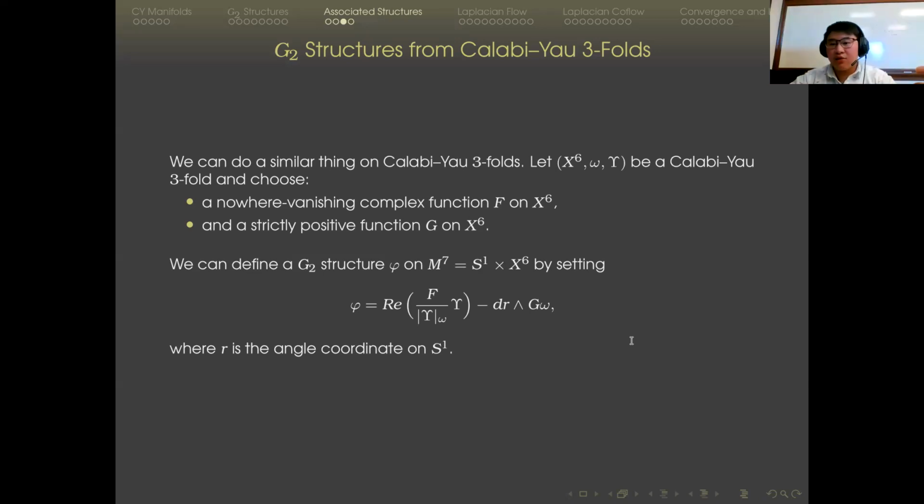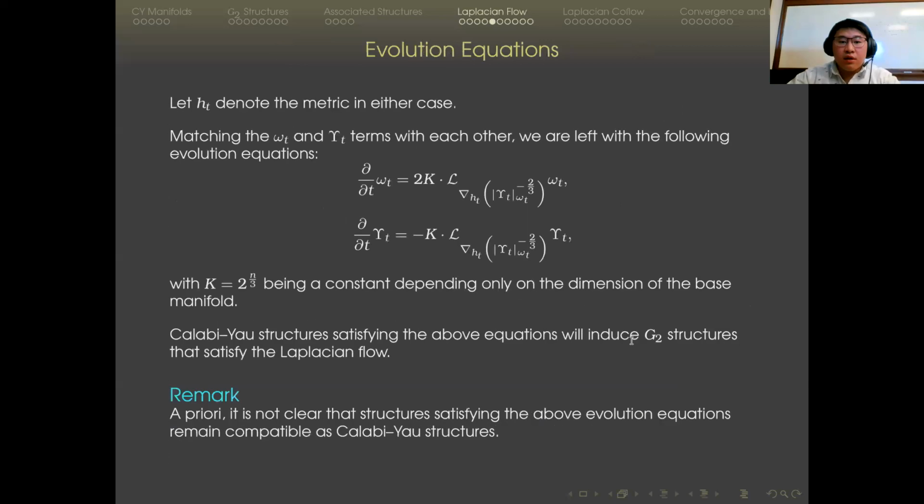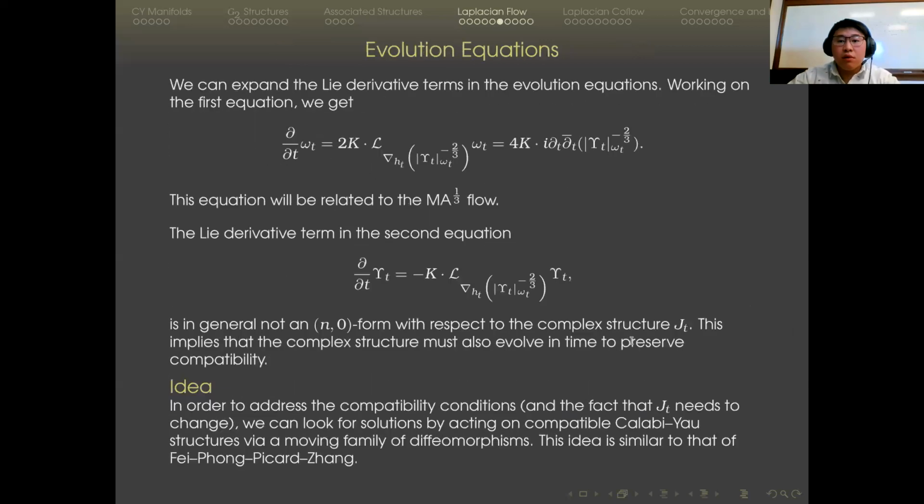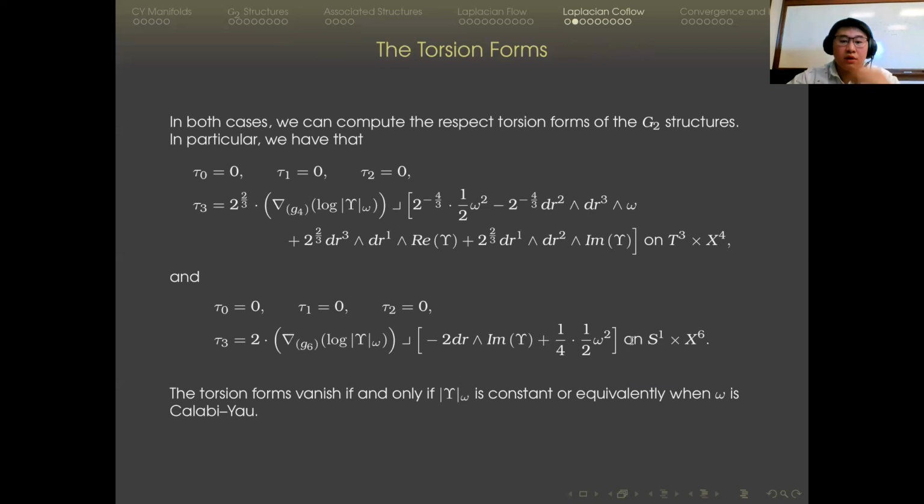So I guess what I've been told is that the slightly easier cases to look at are these contact Calabi-Yau 7-manifolds. It's sort of like a principal S1 bundle, except the way I've been thinking about it is that the exterior derivative of the connection is the Kähler form in some sense. And similar things happen, and we're looking at the coflow, since it's more akin to the Kähler-Ricci flow.